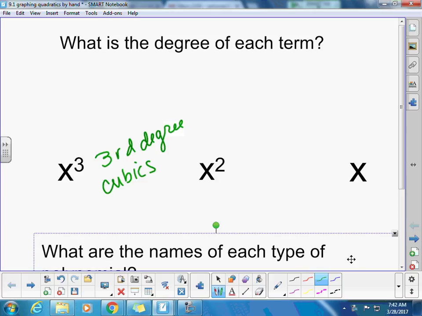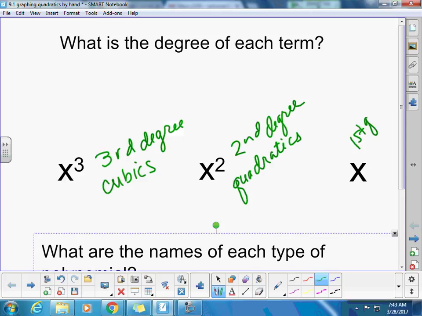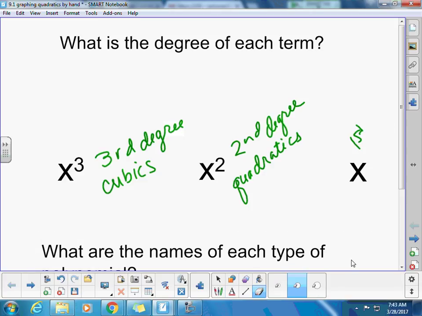And then we have second degree, and they were called quadratics. And if we have first degree, oh, that's not a D, sorry, first degree. And first degree are the things that we started with, which are linear.